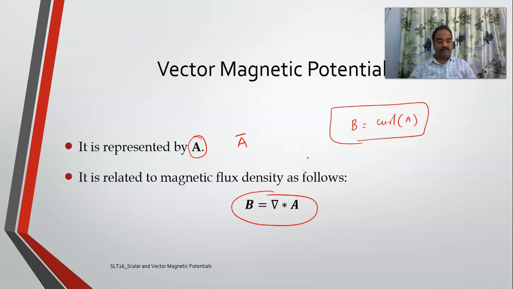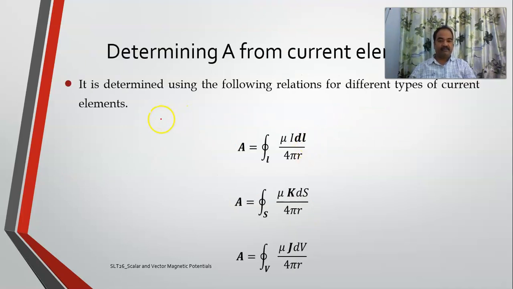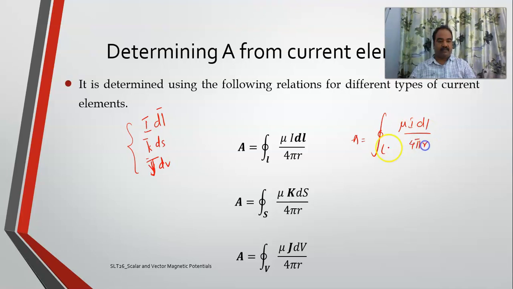Let us suppose we have current elements. We know that we have different types of current elements: this is a line current, this is surface current, and this is volume current. When you have these types of elements, how do you compute magnetic potential? These are the equations. A is equal to mu I dl by 4 pi r.